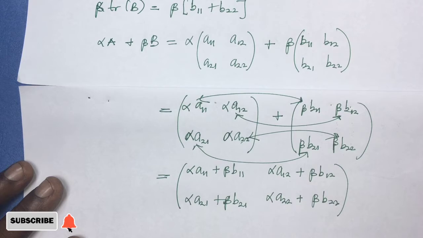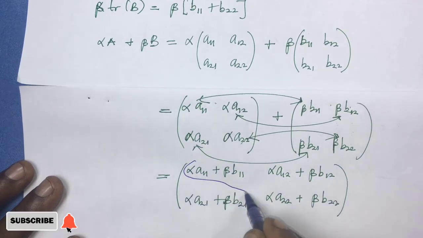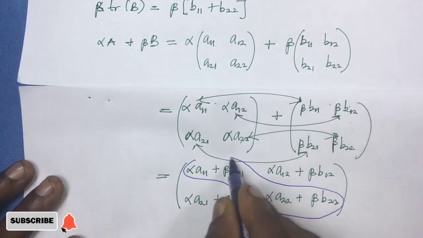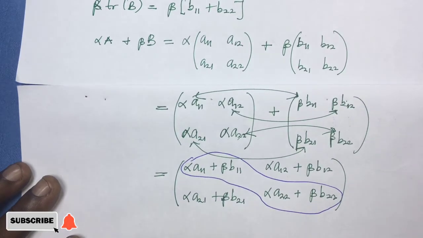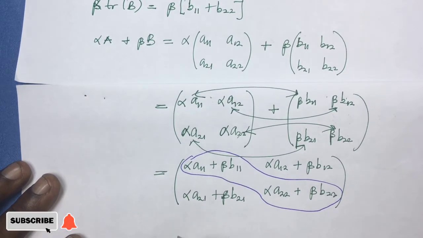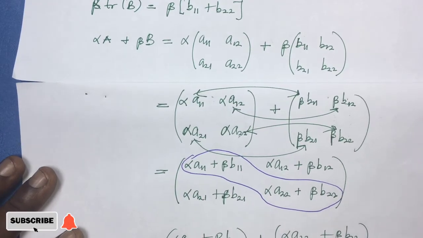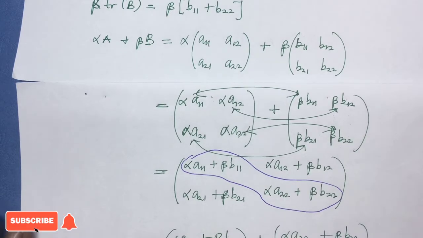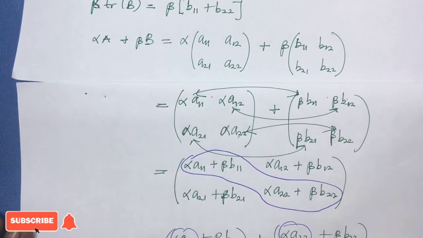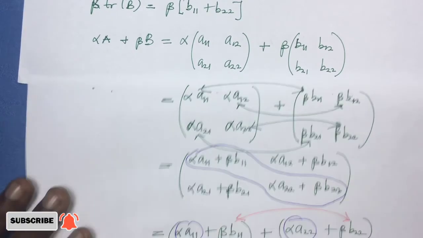Now, what would that give you? Finally, for you to get the trace of this matrix, you would have to add this diagonal, okay? So adding the elements of the principal diagonal will give you alpha A11 plus beta B11 in one bracket plus alpha A22 plus beta B22. Now, if you take like terms, this would add to this, and this would add to this, okay?